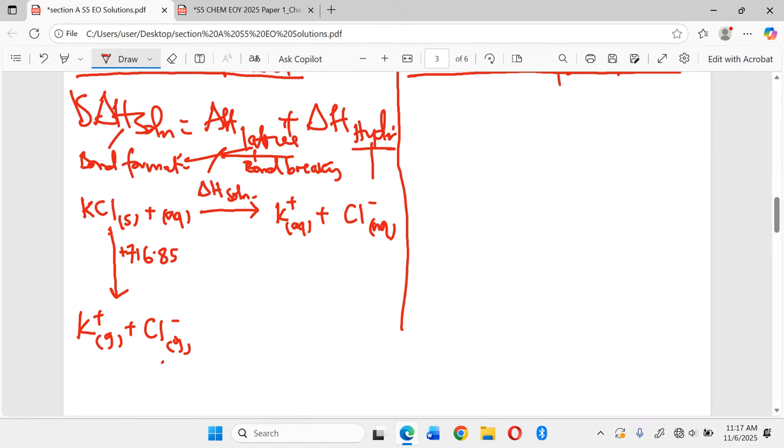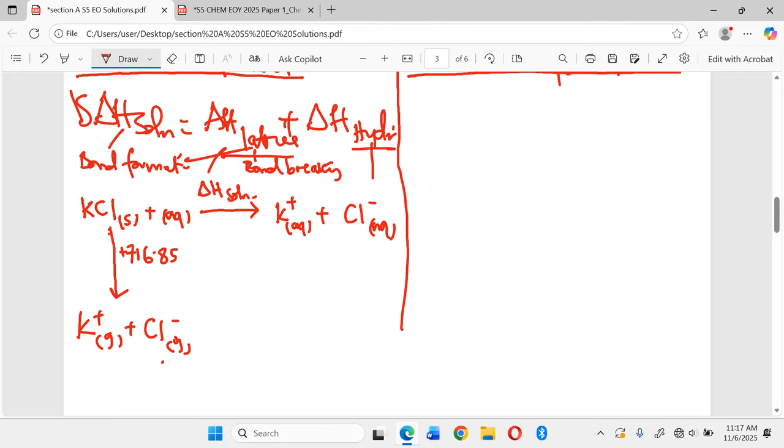If it is from the gaseous ions to the solid, it is negative, the one we got. But this time, since we are moving from the solid to gaseous ions, it becomes bond breaking, which is positive.